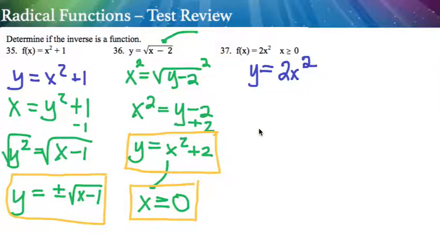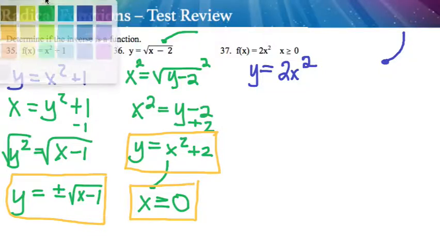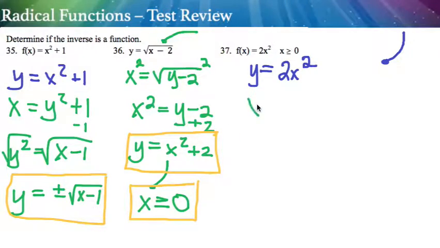Okay, all right, so with the next one, I've got y equals 2x squared. There's already a restriction on here. What they're saying is that they only want this half the parabola, so they only want that half of the square root function. So I'm going to go ahead and do the inverse. Let's see, x equals 2y squared.